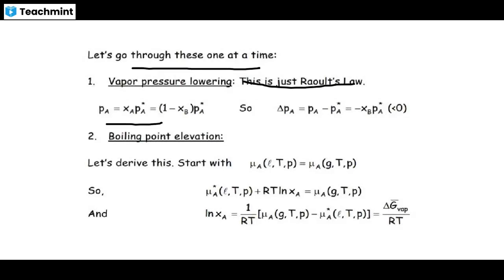Using Raoult's law, take this to this side, and this is nothing but the delta G. With the same calculation at constant temperature, delta G is equal to V dP, and dividing both sides by n, you get delta mu A equal to VA dP.